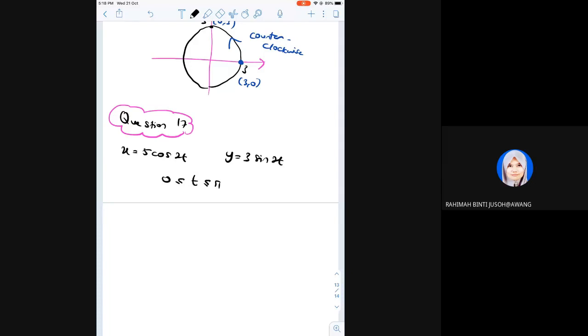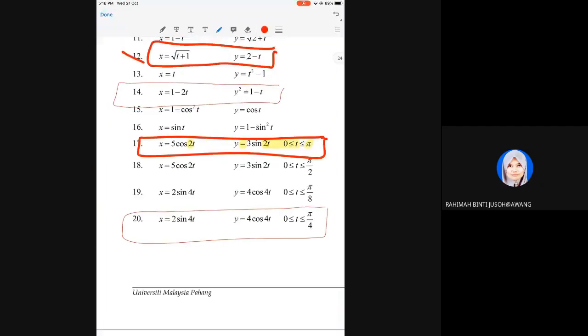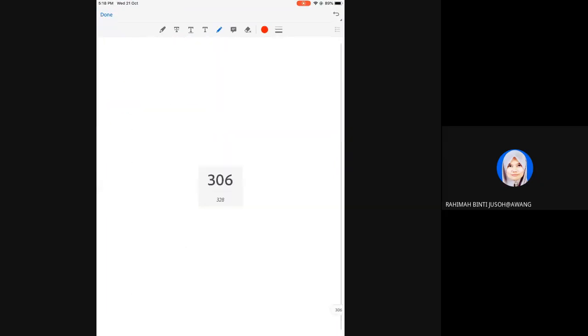Okay, now apa beza soalan ni dengan soalan tadi? Kita check. Mula-mula dia berbeza dari segi koefisien. Kat sini 5, kat sini 3. Kan? So apa saya pesan? Bila 5 dengan 3 itu bermaksud dia adalah ellipse. Sebab guys, kalau you tengok modul tu, again, saya turn to page appendix.